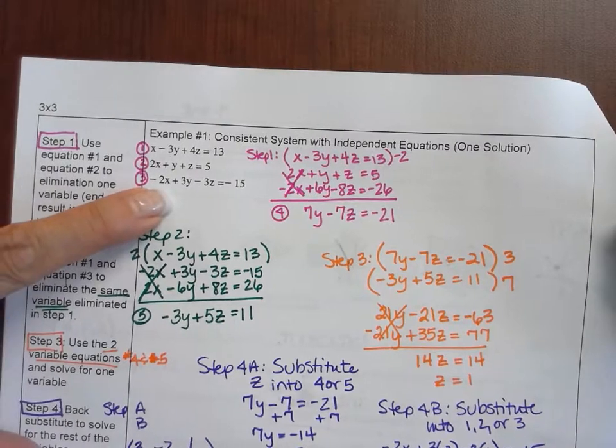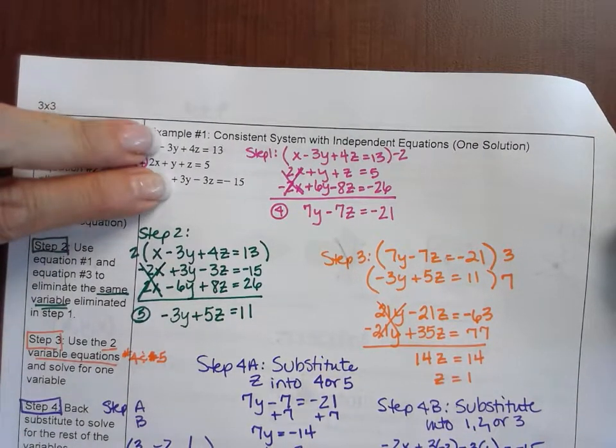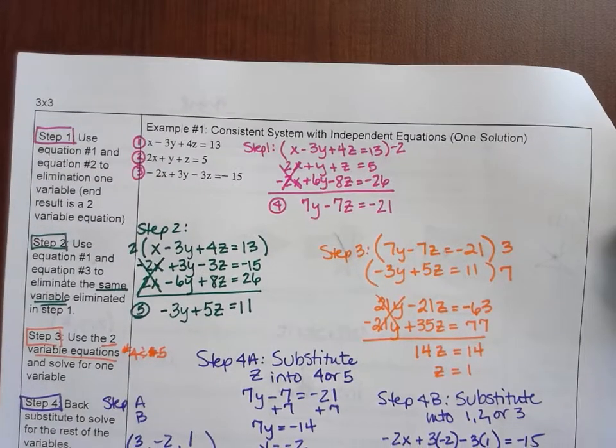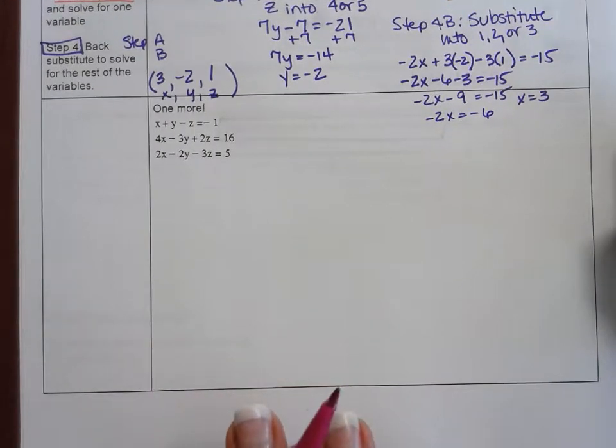Let's get rid of x. Or you could have taken 1 and 3 and said, hey, my y's cancel out. Let's use those 2. So if you have some that you can just automatically go, boom, it cancels, let's move on, great. If not, pick the easiest.